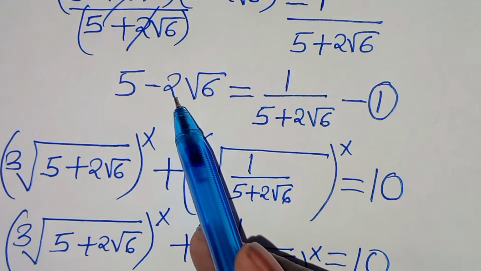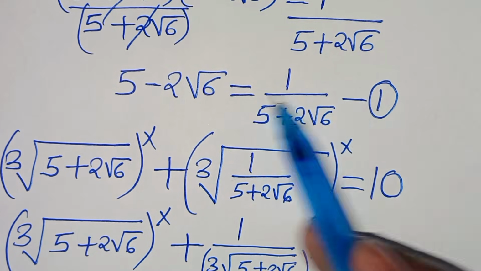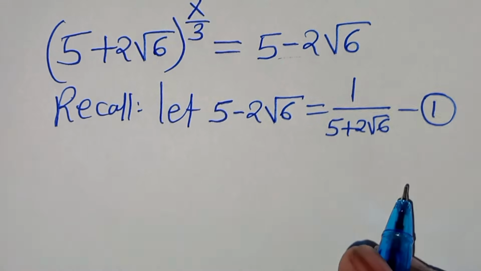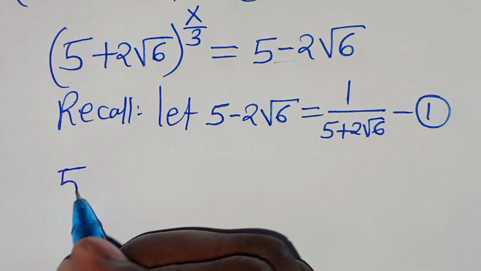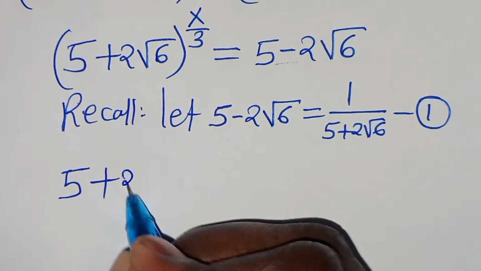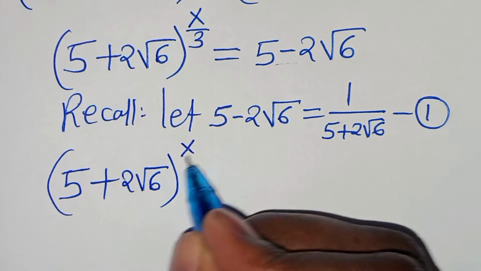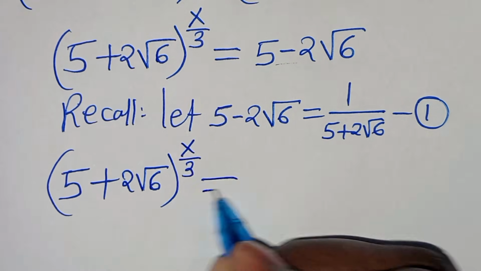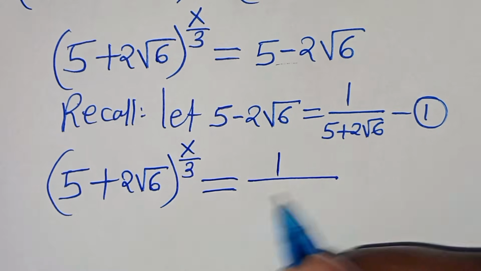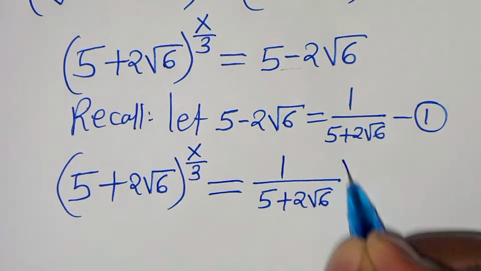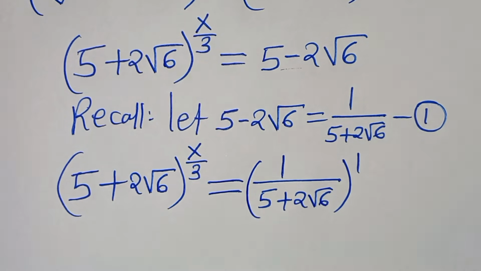If you recall, it's here. 5 minus 2 root 6 is the same thing as 1 over 5 plus 2 root 6. So this implies we have 5 plus 2 root 6 raised to the power of x over 3. This is equal to 1 over 5 plus 2 root 6 raised to the power of 1.